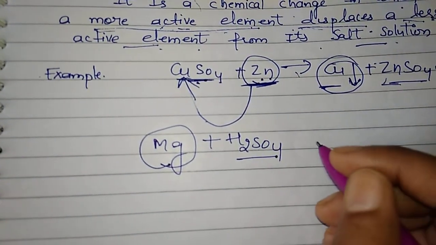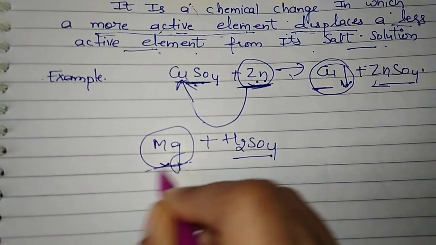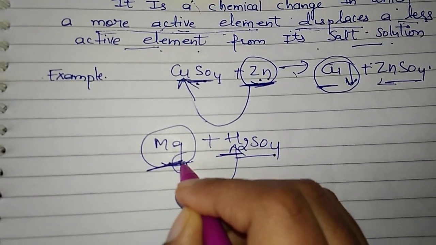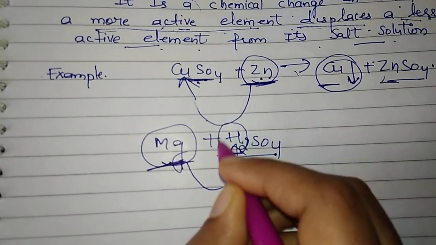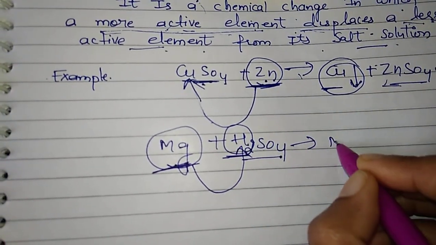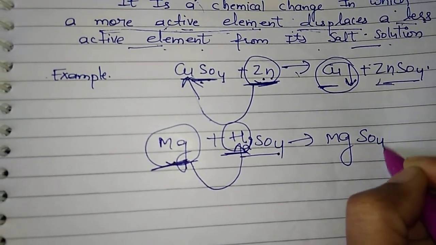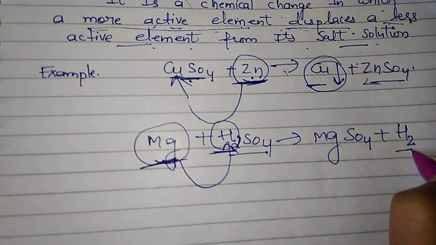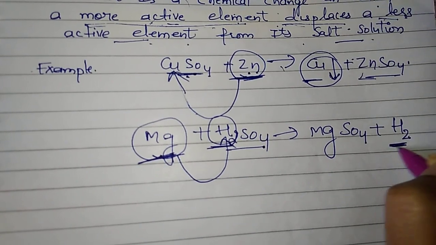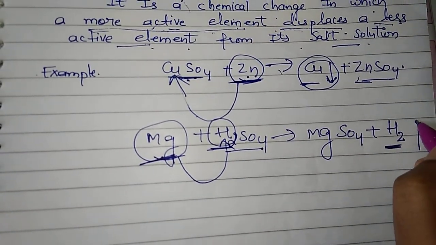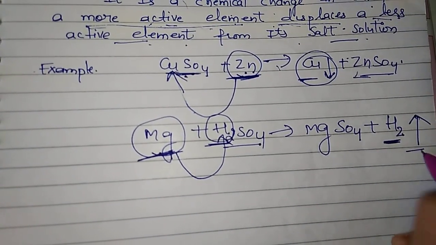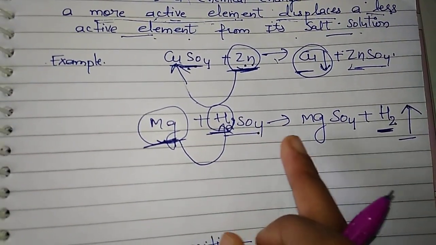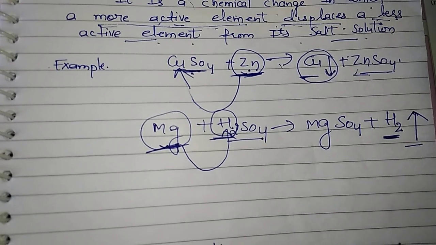And hydrogen is evolved because magnesium is more active as compared to hydrogen. So it can easily displace hydrogen and forms magnesium sulfate plus H2 gas. This H2 which is displaced is evolved as a gas. So you can represent gas with an upward arrow. So this one is also an example of a displacement reaction.